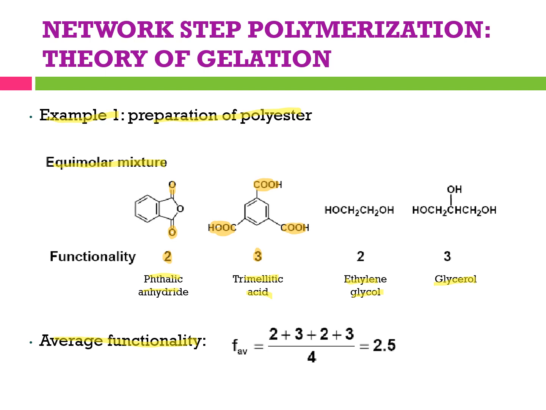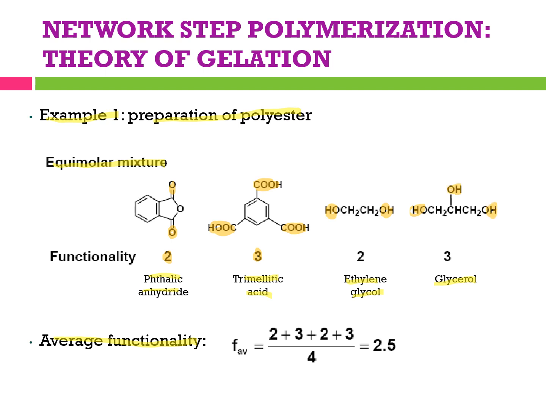Same goes to ethylene glycol. The functionality of this monomer is 1 OH group and another OH group, so it has 2 functionality. And the last monomer is glycerol. It has 3 functional groups of OH.